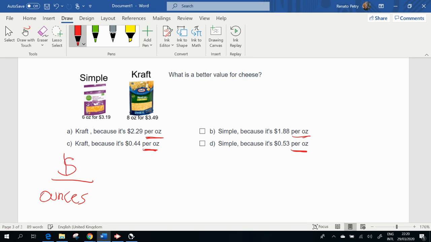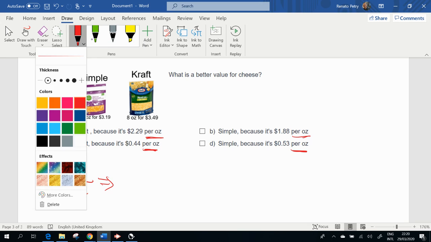Consequently, the price goes on top. So I want how many dollars per ounce. Now I use this ratio to find the correct answer.